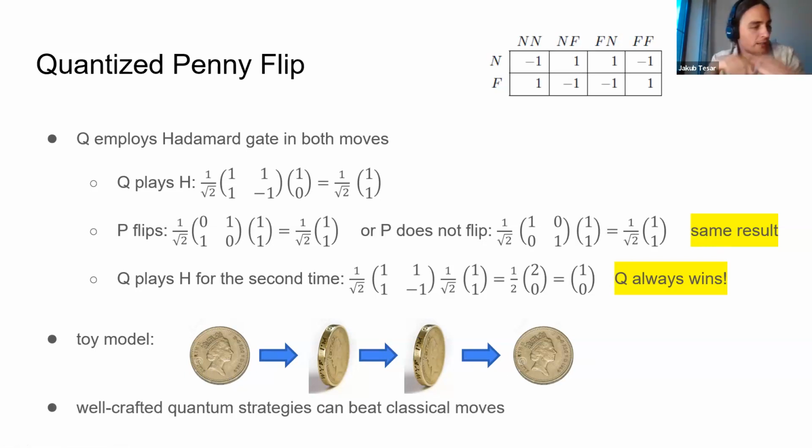Okay, and the idea that Meyer introduced in this paper, or his conclusion, is that well-crafted quantum strategies can beat classical moves. But obviously it's a well-designed quantum strategy used for a specific game without much generalization in this paper.